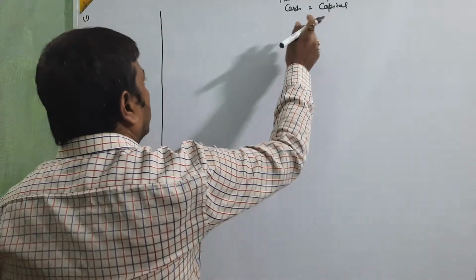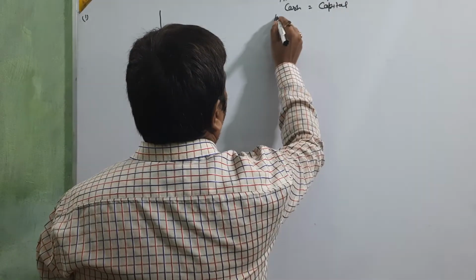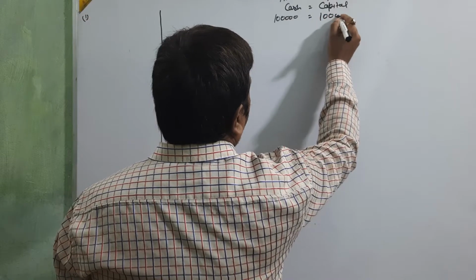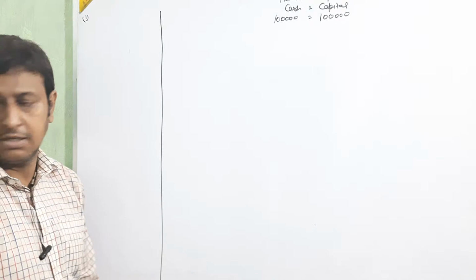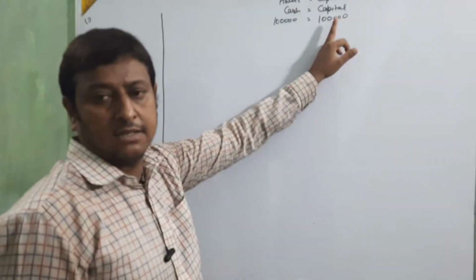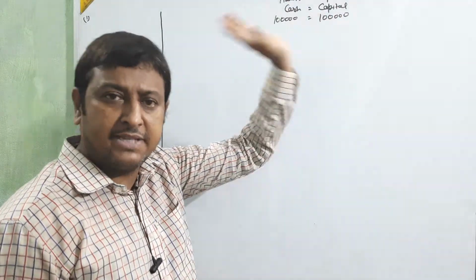So we make 2 heads. Write down the amount, 1 lakh and 1 lakh. Clear? First we write asset side cash, and capital on the liability side. 1 lakh, 1 lakh, both sides are equal.